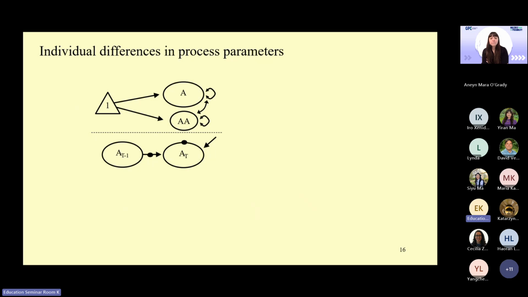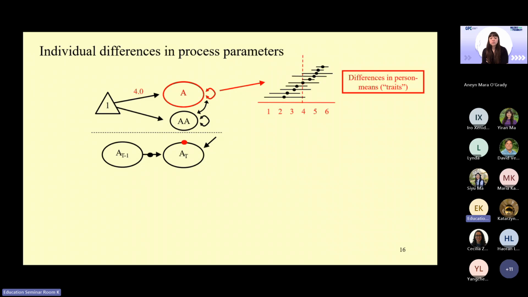Then we expand these models and we look at so-called individual differences in process parameters. This is indicated with these black dots here. So those are random terms. And what we can then see, for example, with the random term for A, is that there are individual differences in the average of this variable between one individual and the other.